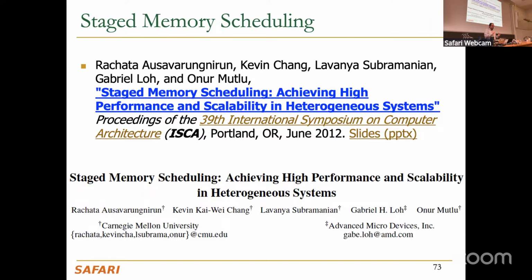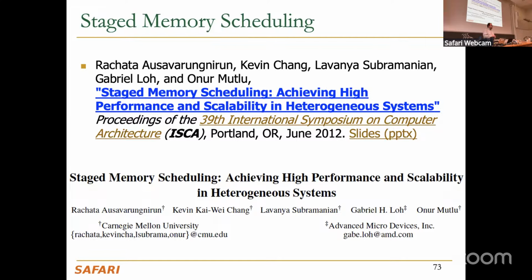So you can cause some longer latency for GPU requests without sacrificing the performance of the GPU application, because GPUs natively can tolerate some amount of memory latency by quickly switching across different threads. So now the nature of these requests is different between CPU and GPU.